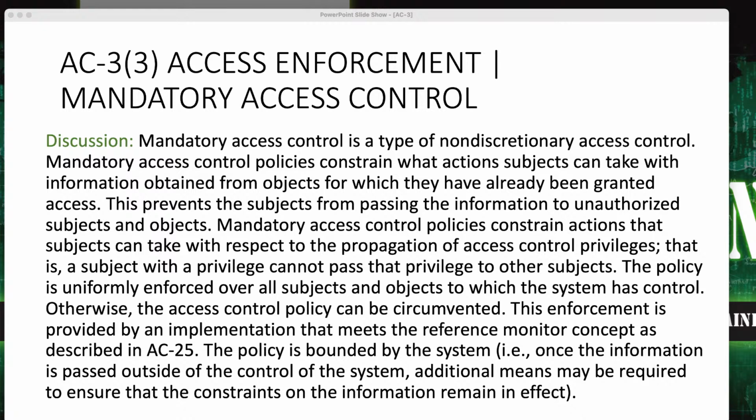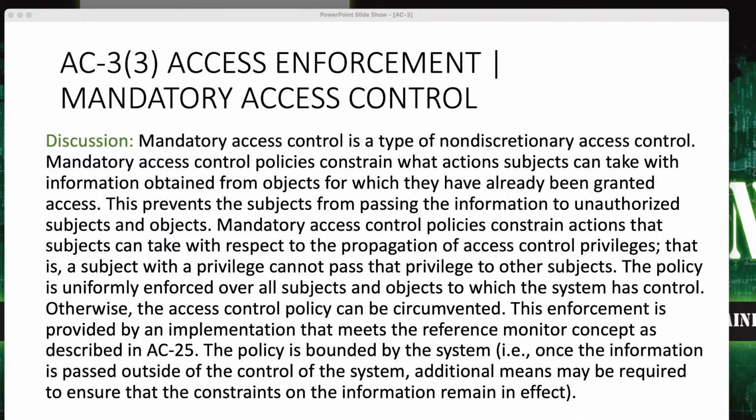People get tied up around this, and the reason is it's a little more cumbersome. It's a little more complex. And for that reason, the discussion on this particular enhancement actually covers 3 slides. So we're going to walk through this. We're going to take a little bit of time because mandatory access control is one of the things that's really important in high impact systems or systems with very sensitive information.